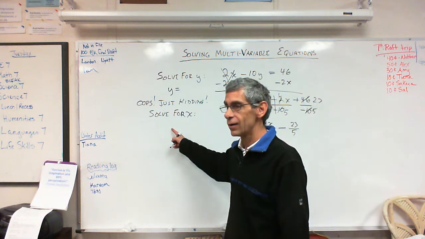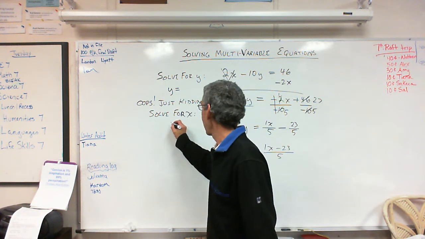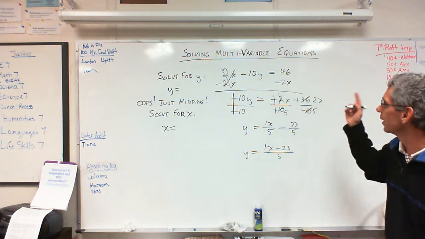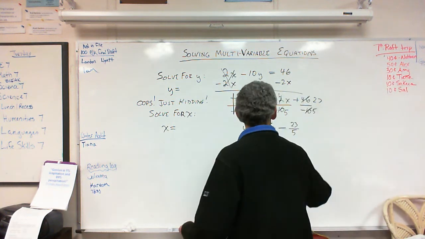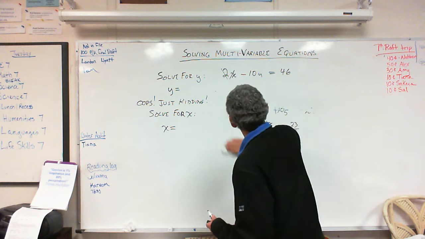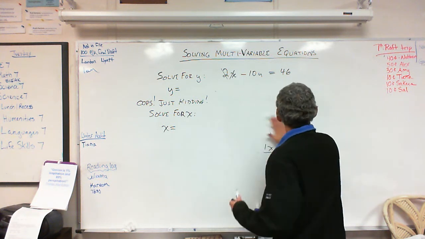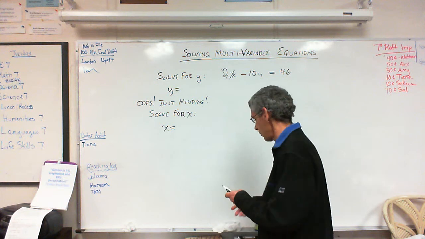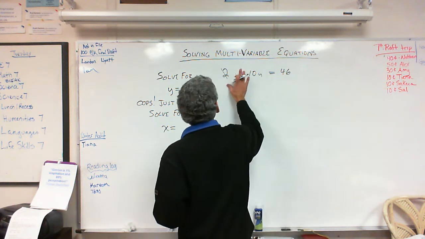What's it got to say here? X equals. When it says solve for x, that means it's got to be x equals. Oh, bummer. Look at all this mess. We did all this work for nothing. Thanks, Gary. Thanks, Carrie. What are these math teachers thinking about?